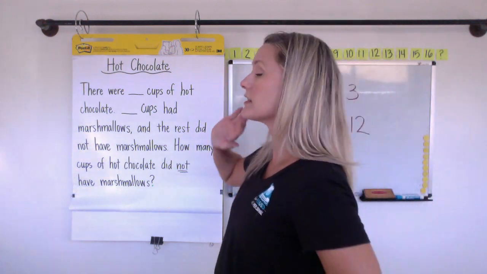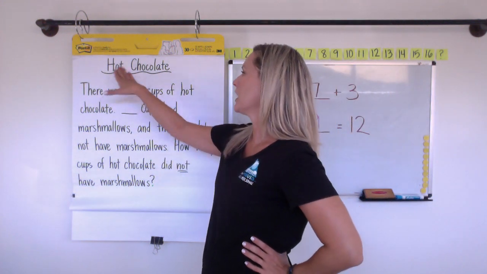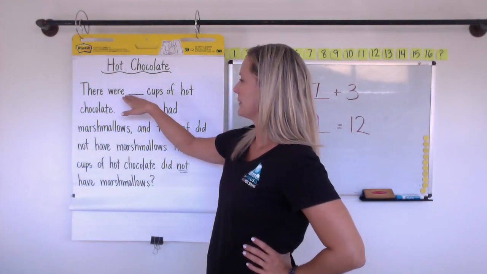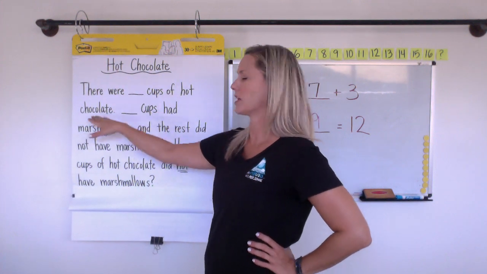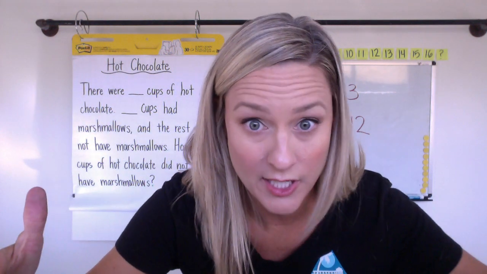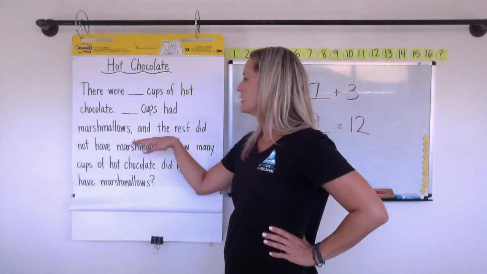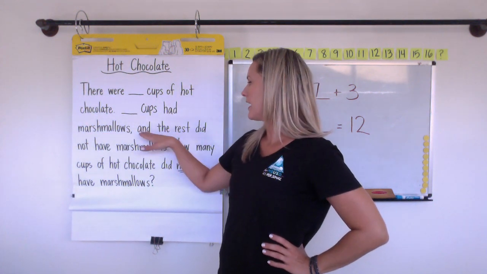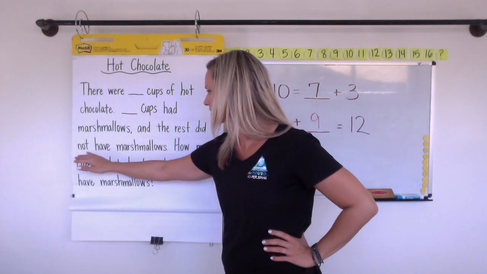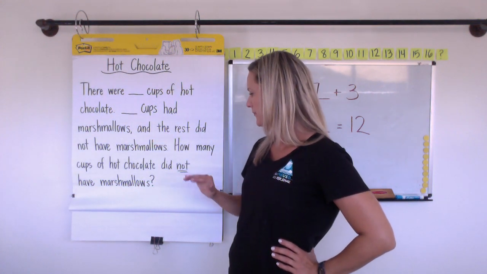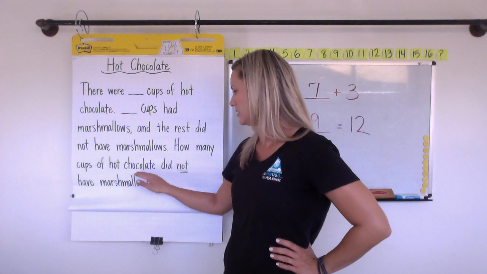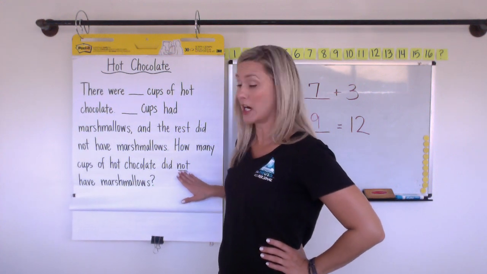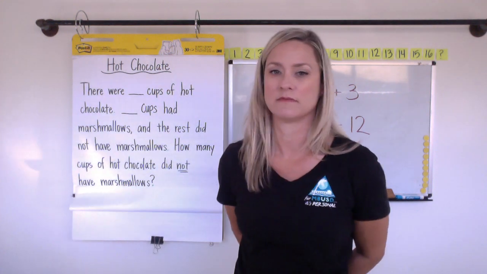All right, so let's read this and find out. Hot chocolate. There were blank cups of hot chocolate. Okay, so we're gonna know how many cups of hot chocolate there are. Blank cups had marshmallows, and the rest did not have marshmallows. How many cups of hot chocolate did not have marshmallows?